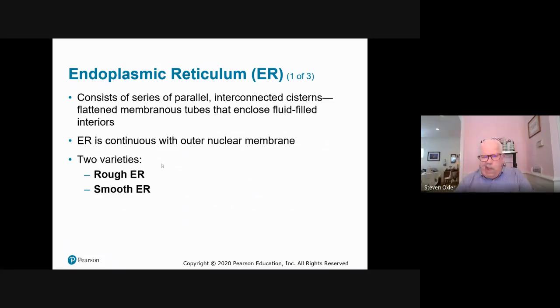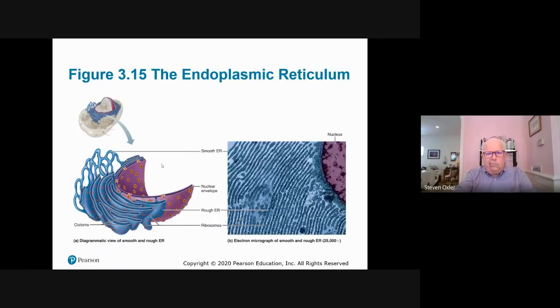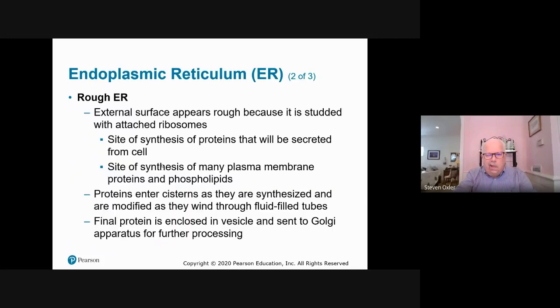One is the rough endoplasmic reticulum, and one is the smooth endoplasmic reticulum. The rough endoplasmic reticulum is called rough because it is studded with ribosomes, because those ribosomes will make proteins. And that's very important to understand.